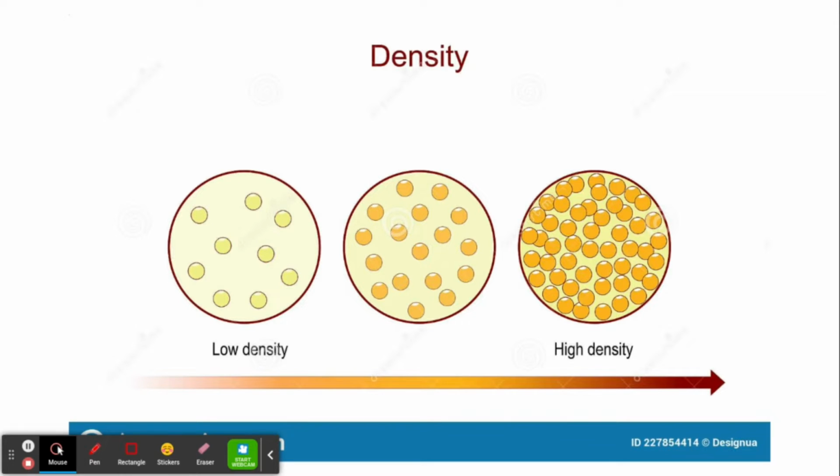Low density matter has a small amount of molecules in a given space, and higher density matter has more molecules and atoms in a given amount of space. Now, the food dye is less dense than the milk, which means it has less molecules in a given amount of space compared to the milk. And when things are less dense, they float on top of more dense things.